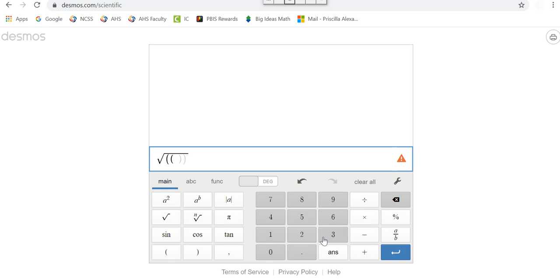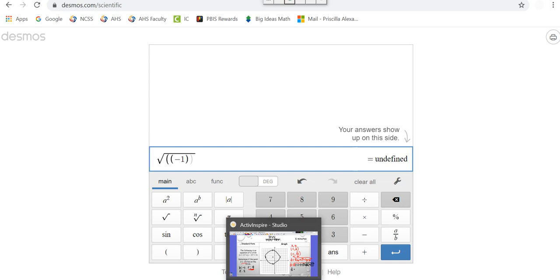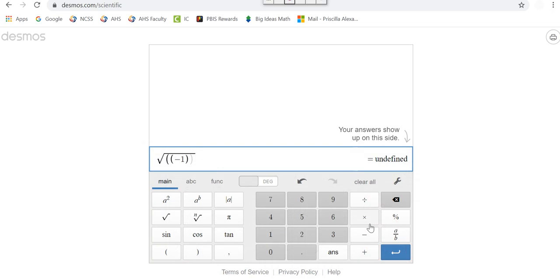So -1 minus, oops. Guys, make sure you're careful to make sure this is expanding correctly.